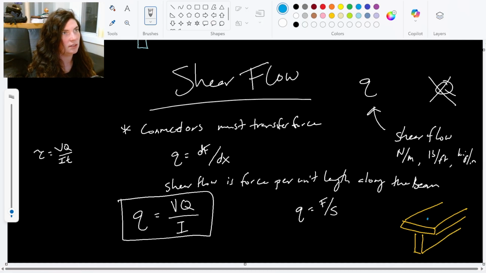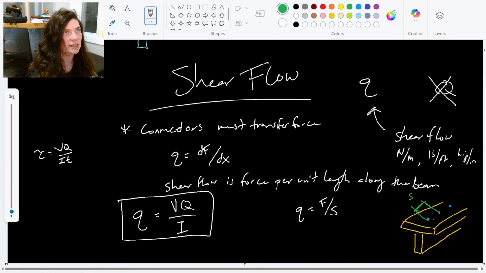So I've got nail, nail, nail, so on and so forth. Then my s is my distance between these two bolts, or nails, or whatever they are. This is s, the distance between those.